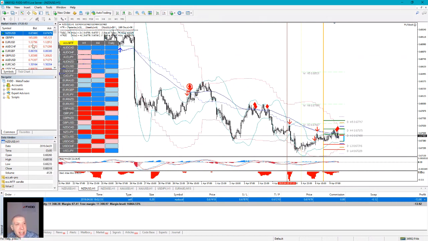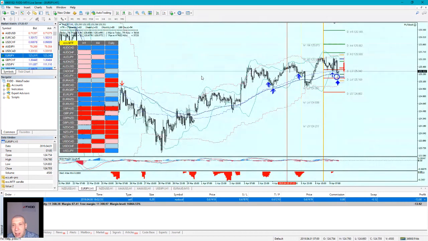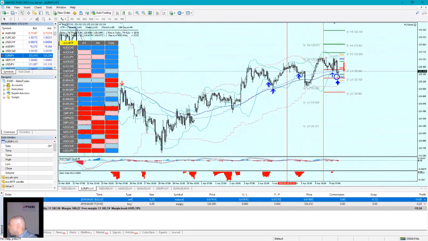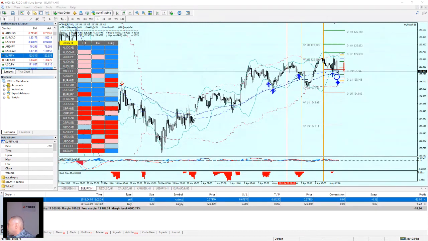Okay, guys, let's scan for maybe one more pair and see if we have anything to trade. I guess this is a trade. I will open it right now. Small risk, guys. So this is it: Euro yen, final trade for today. 125.20 to 30 is the entry.